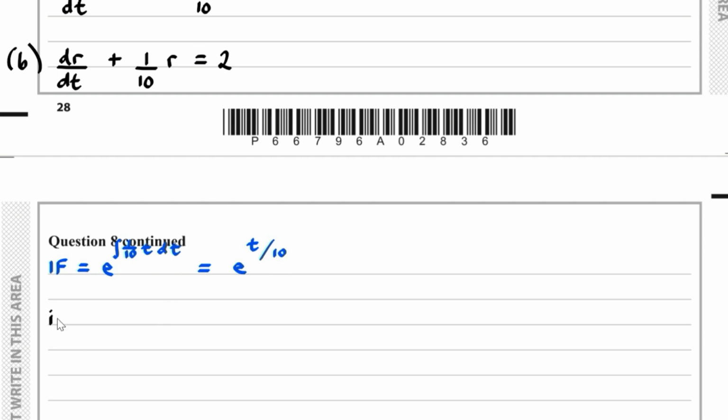So the general solution, we've got r multiplied by e to the power of t over 10. This is equal to the integral of 2 lots of the integrating factor, and then we integrate this with respect to t.